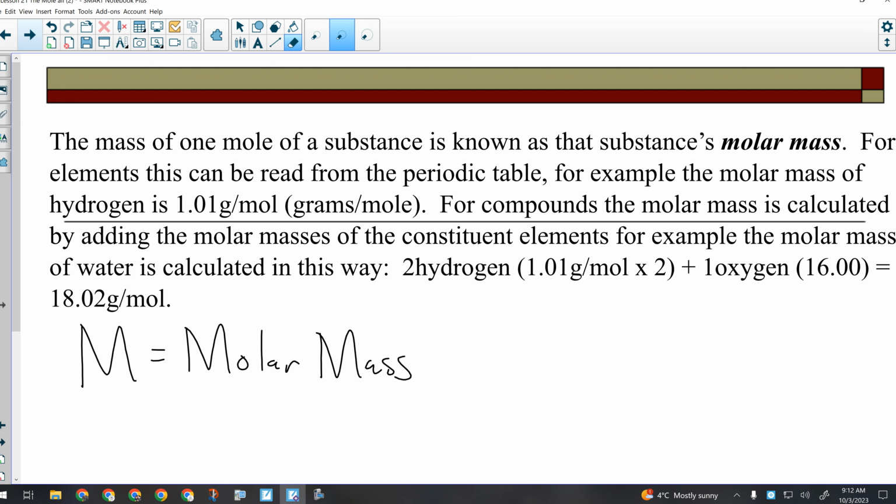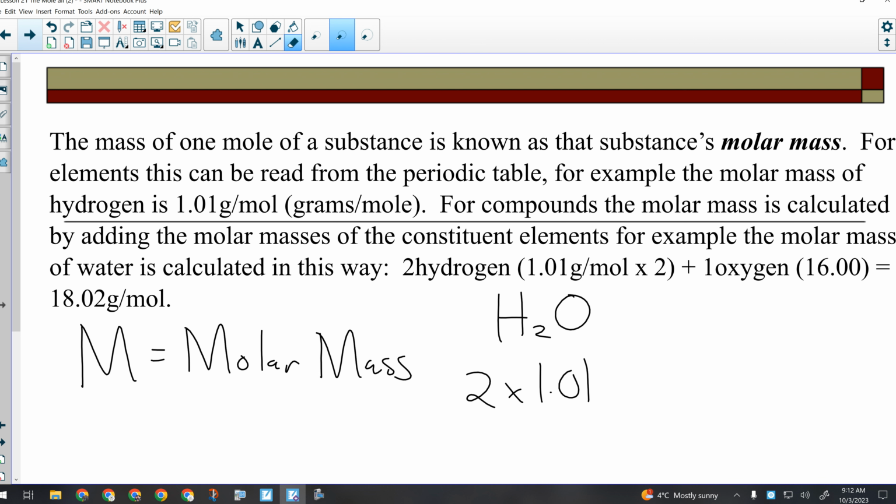So if I'm being asked, calculate the mass of 1 mole, or the molar mass of water, I simply punch in the molar mass of all the parts. Now, how many hydrogens are there in water? 2. So one hydrogen is 1.01, so 2 hydrogens are going to be 2 times 1.01, or 2.02.